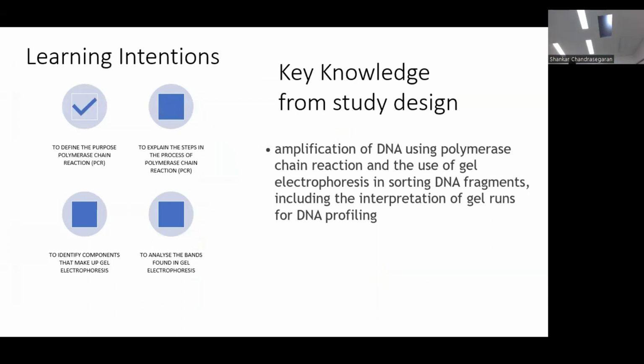All right. So today, what you are expected to know is how polymerase chain reaction is used to amplify DNA, and how gel electrophoresis is then used to sort DNA fragments based on their sizes, and then that is used as an interpretation method for DNA profiling. So essentially, if you've ever asked yourself how detectives or CSI are able to use DNA to match suspects, it's using this technique called DNA profiling.